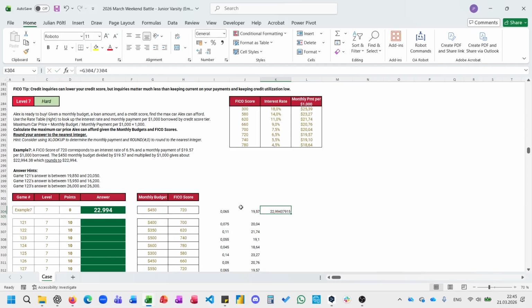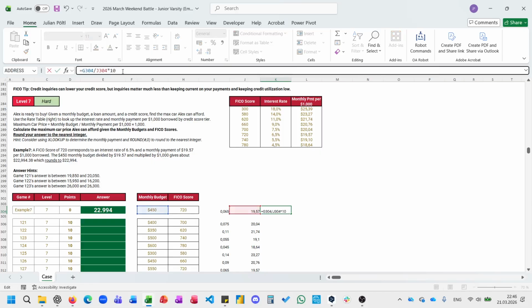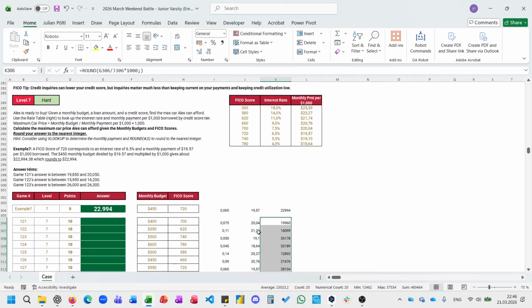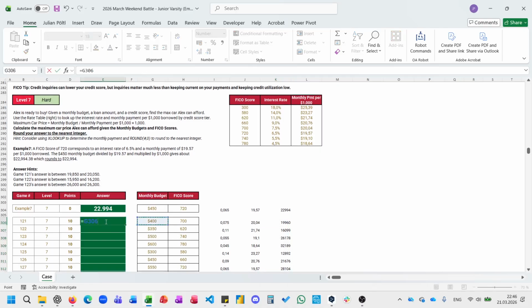So the interest rate is not important at all, and this times 1,000 and rounded. Okay. Seems to be right.